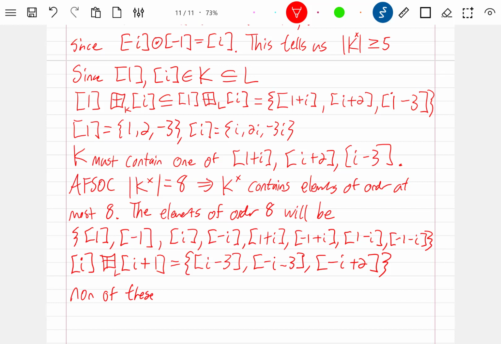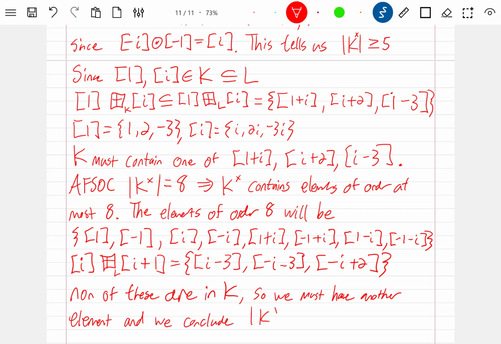None of these are in K. But our hypersum has to give us a subset of K, and it has to be non-empty. So we must have another element, and we conclude that the size of k star is 16, so k equals L.